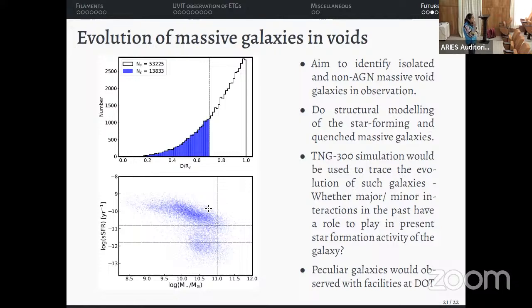Error is when you do photometry and things. You see that I am detecting galaxies at 3 sigma. It is quite high compared to the detection limit. So we don't have to worry about that.